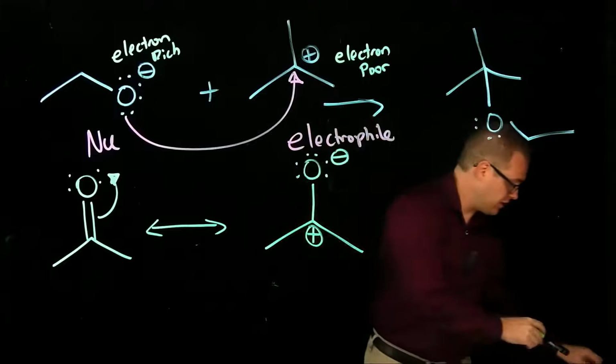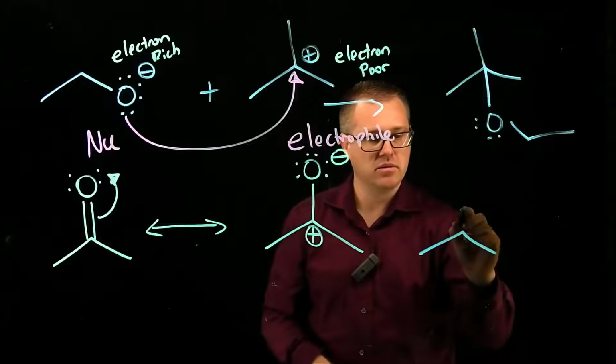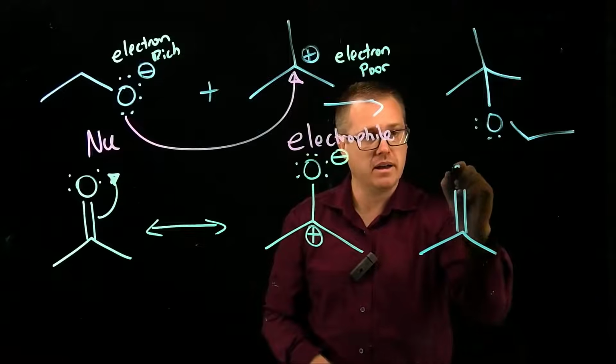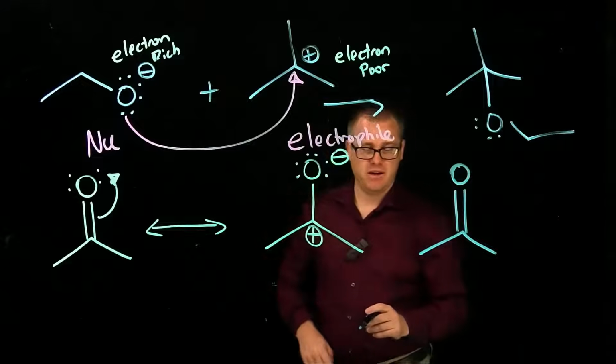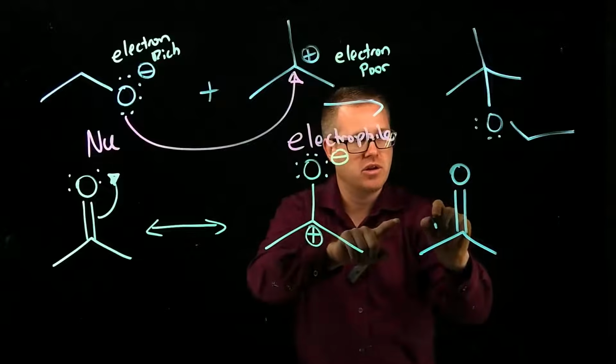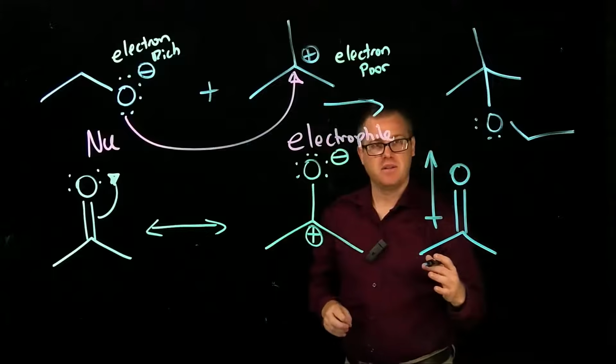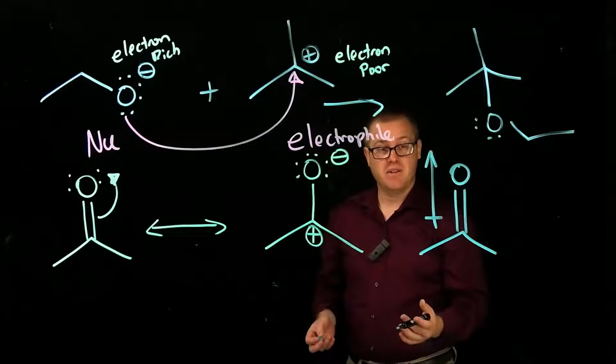Another way that you can look at this is if you look at the ketone or aldehyde, what do we have here? We have an oxygen atom right here. So it is going to be pulling electron density towards itself via the inductive effect.